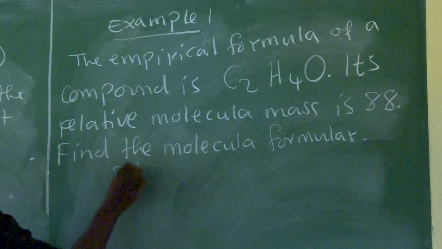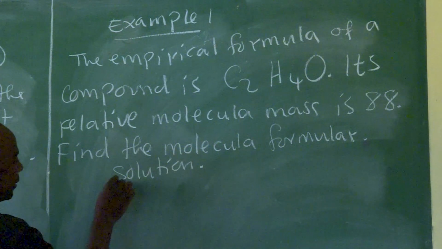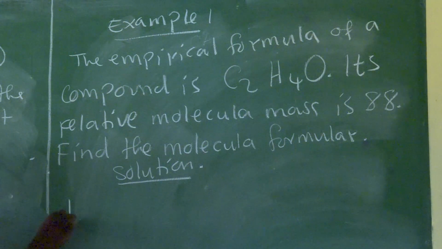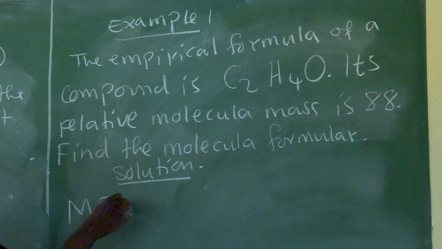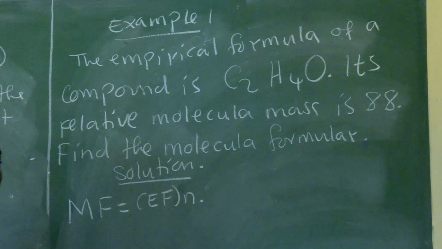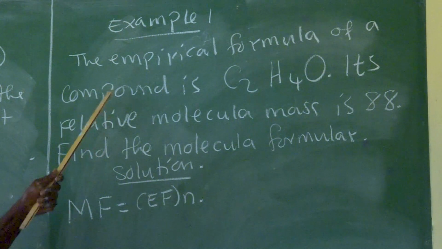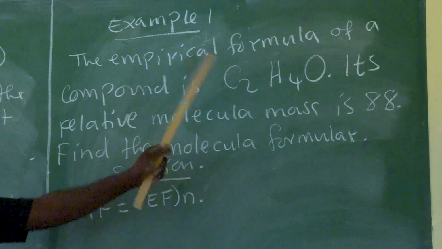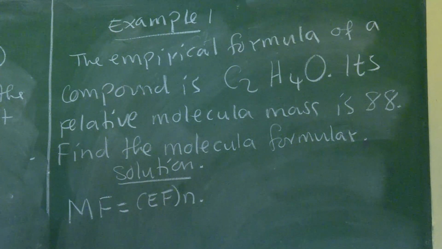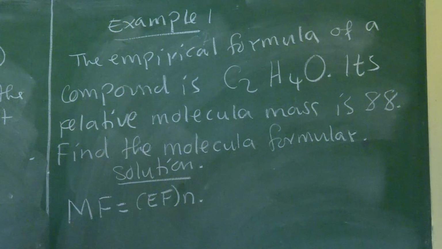First thing that we know is molecular formula is equal to the empirical formula multiplied by the multiple whole number n. The question has already given us the empirical formula of the compound, C2H4O. Then the relative molecular mass of this compound is 88. Then what is the molecular formula?